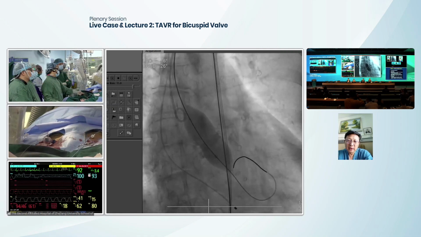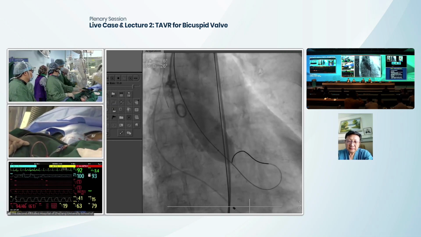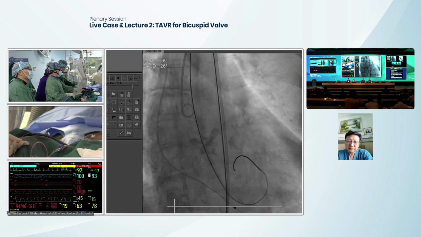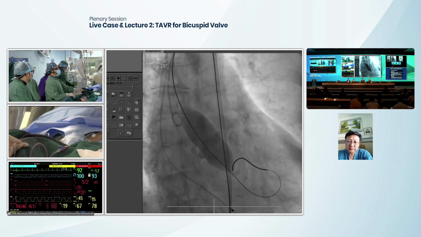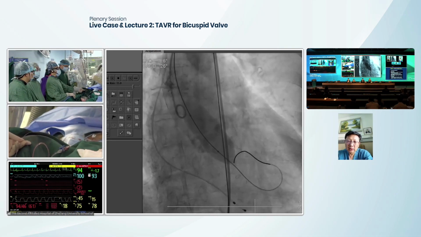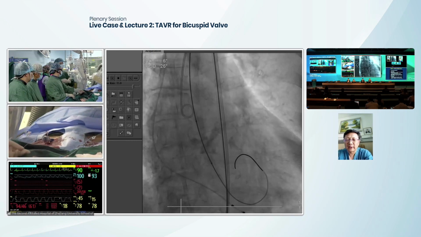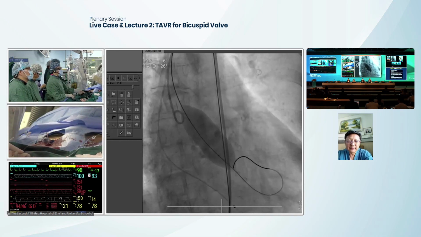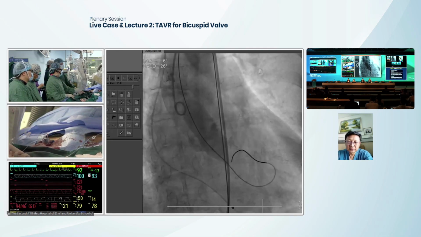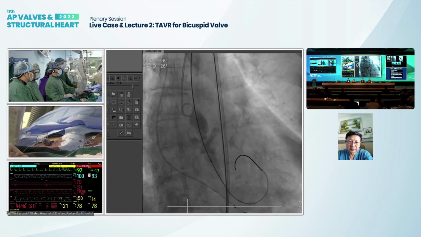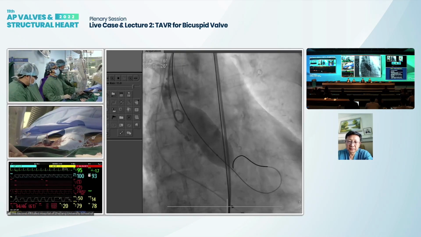The patient is moving a little bit, so we give a little bit of venous sedation.